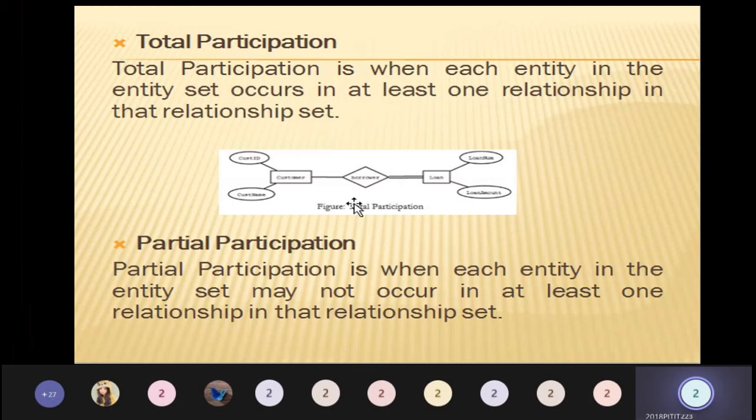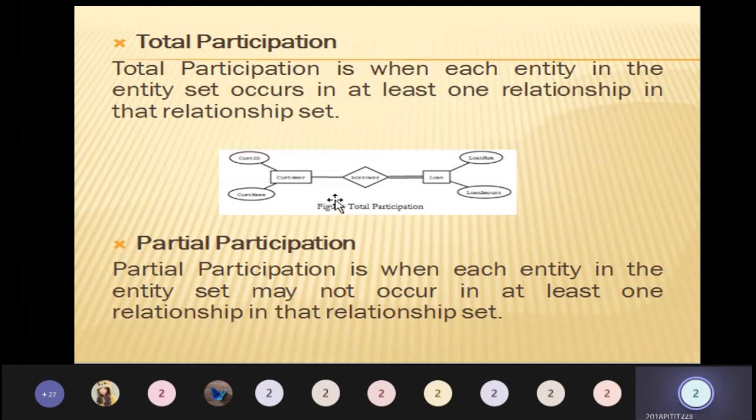Therefore, the participation of loan in the relationship set borrower is total. While a bank customer may or may not have a loan. Therefore, the participation of the customer in the borrower relationship is partial.